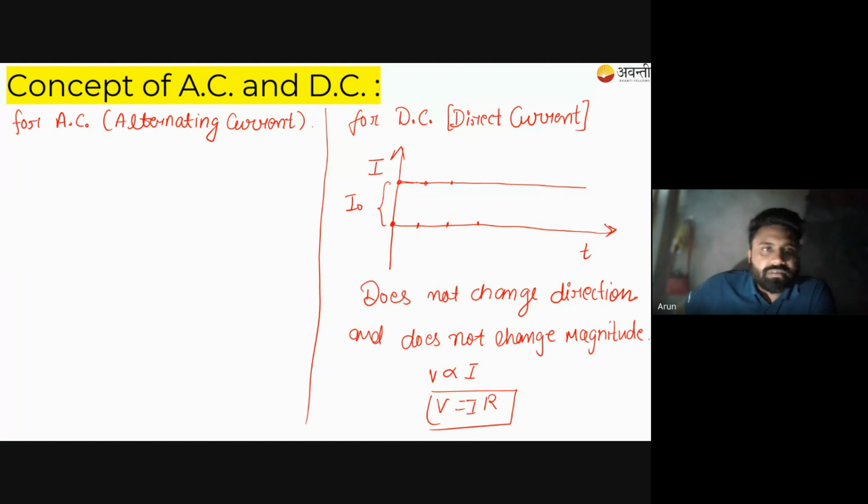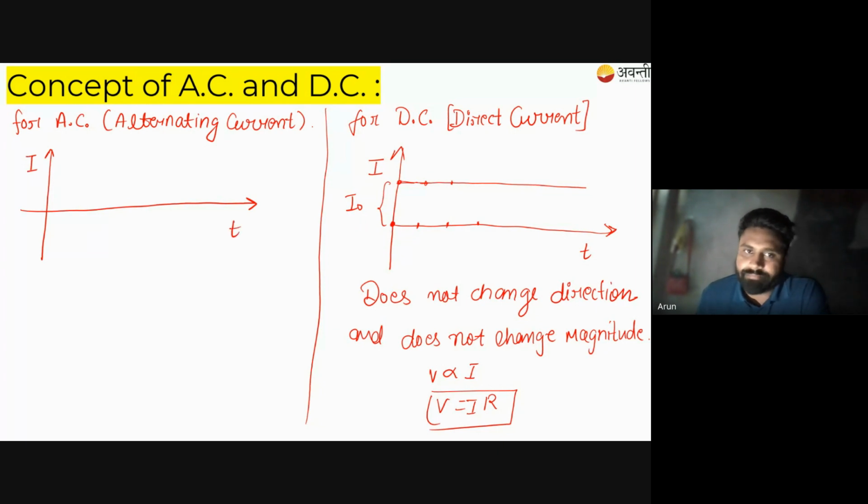But what if I talk about AC, alternating current? As the name suggests itself, alternate, the current which alternates itself, the one which changes itself, that is the alternating current. So if I draw the plot of it, this is the value of I, this is the value of time. For this time the current will be 0. For this time the current will have some value.